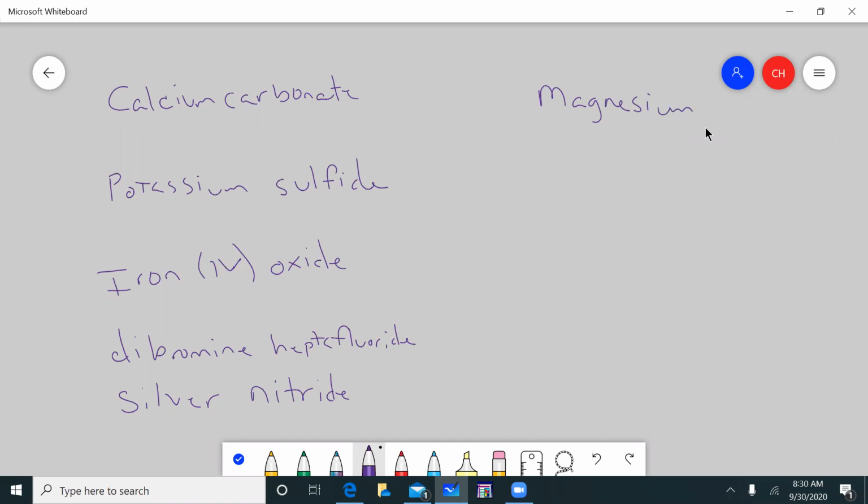Magnesium phosphide. Magnesium phosphate.